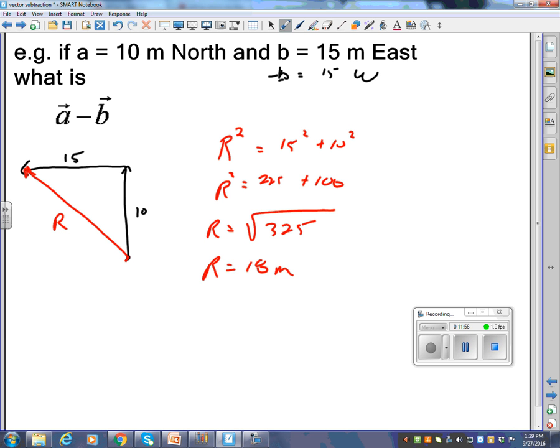Are we done? What do I need? I need the direction. Where do I put the angle? Where do I put the theta? Where you start. Inverse tan, opposite over adjacent. Opposite is your 15. Adjacent is your 10.